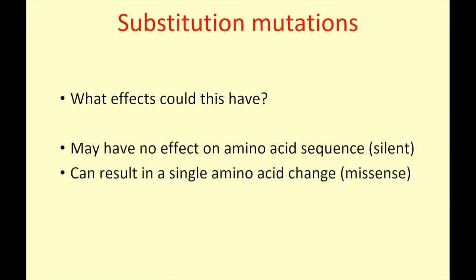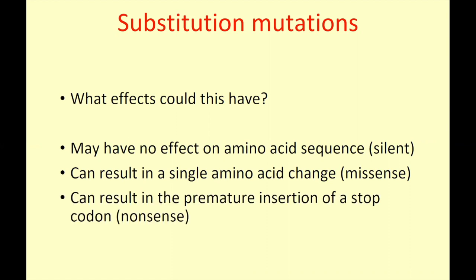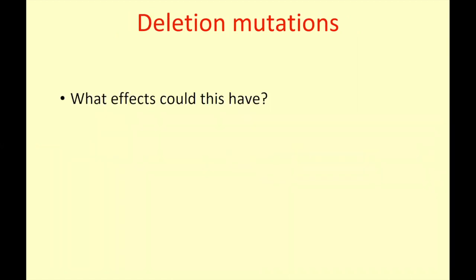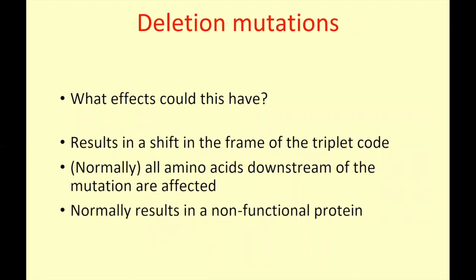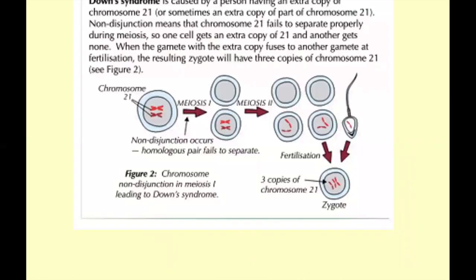You can have what's called a missense mutation, a single amino acid change as stated. If you end up with a stop code on there, that's called a nonsense mutation. And then obviously the protein doesn't get fully built, it's only half a protein. So deletion mutations cause a frame shift. All amino acids downstream are affected. You've got a completely non-functional protein there most of the time.